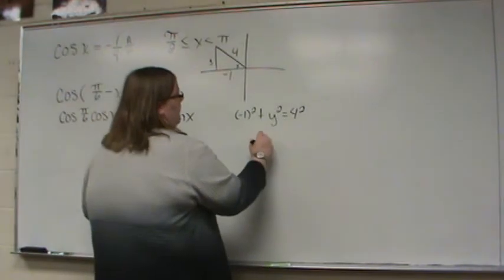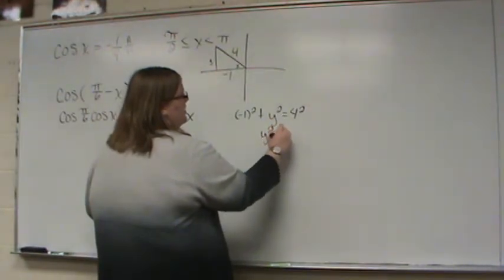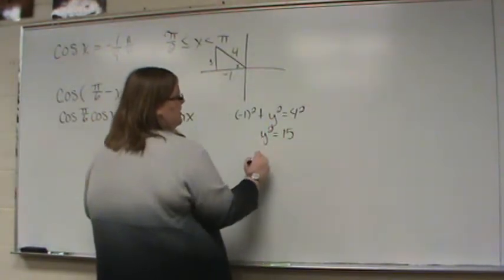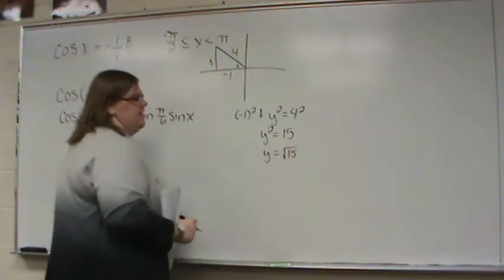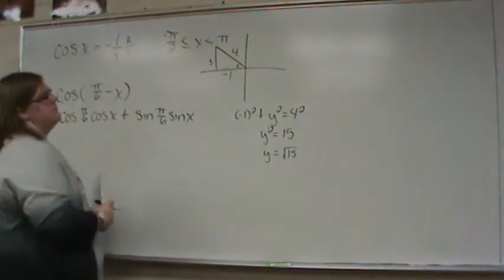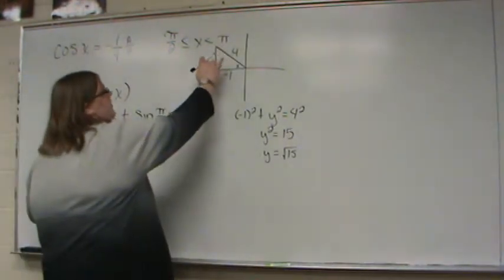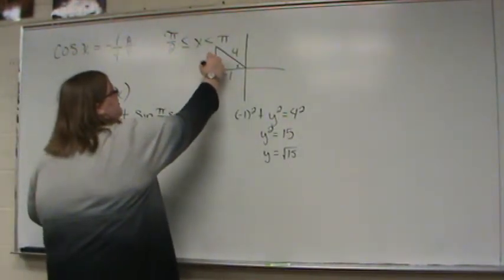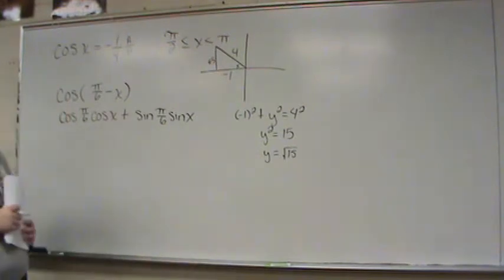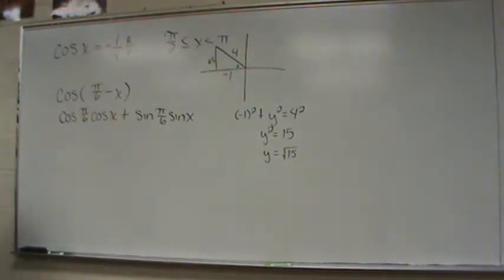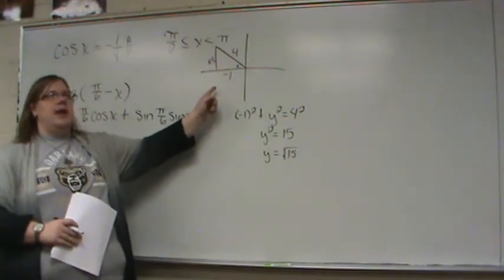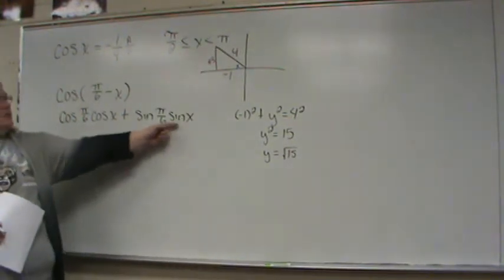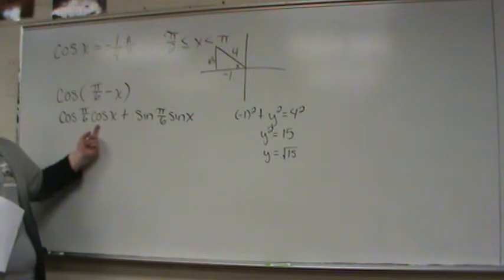So we're going to have y squared equals 15, y equals root 15. So now instead of having a y value up here, we have a root 15. So we didn't actually find our x value, but we can use it now to find this sine x and this cosine x.